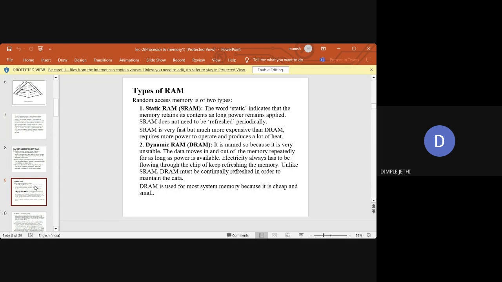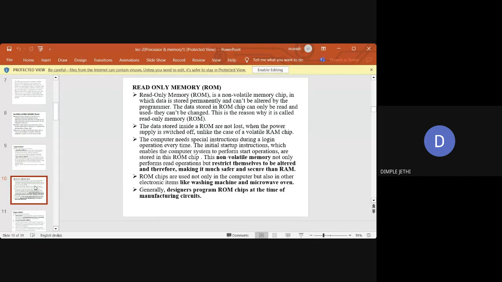This is ROM. ROM is your read only memory, right? And as I told you, RAM is called a volatile memory. That means it will lose its data when power is off. So this is called a primary memory. But ROM is called a permanent memory, non-volatile. Non-volatile means you will not lose your data even if power is off, right?